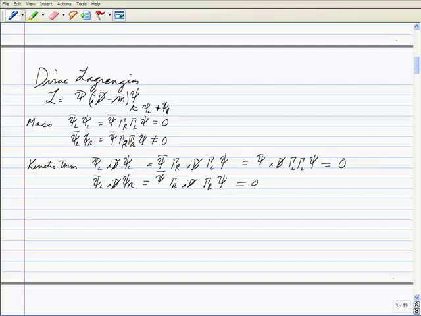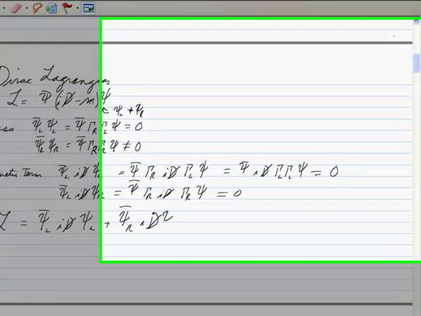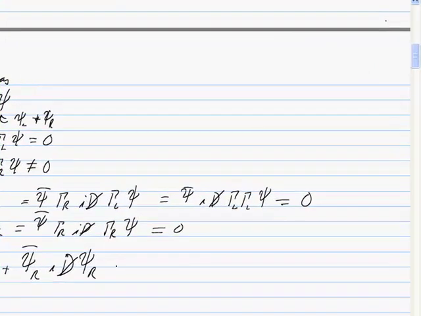So the Lagrangian that we wrote up there has the following form. It has psi bar left i d slash psi left plus psi bar right i d slash psi right minus m times psi bar left psi right plus psi bar right psi left.